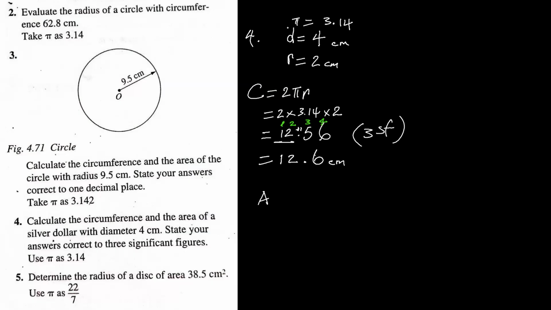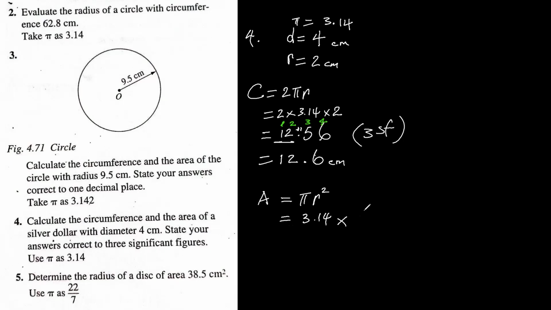Pi r squared. The formula is pi r squared. Thank you. So let me write area is equal to pi r squared. Did they tell us what pi is? Yes, they told us that pi in question 4 is 3.14.